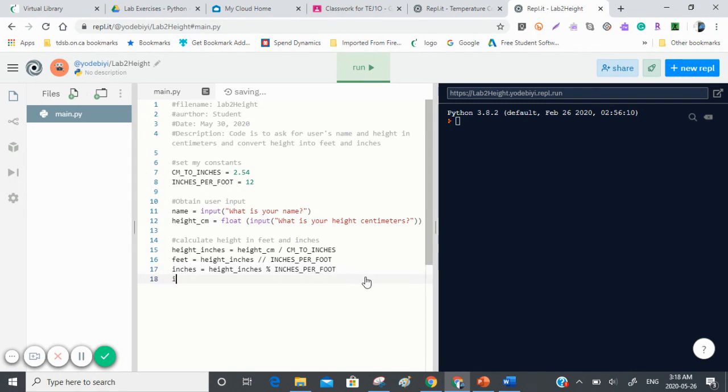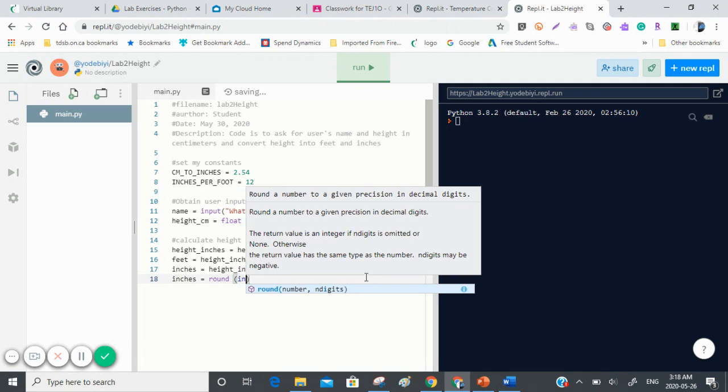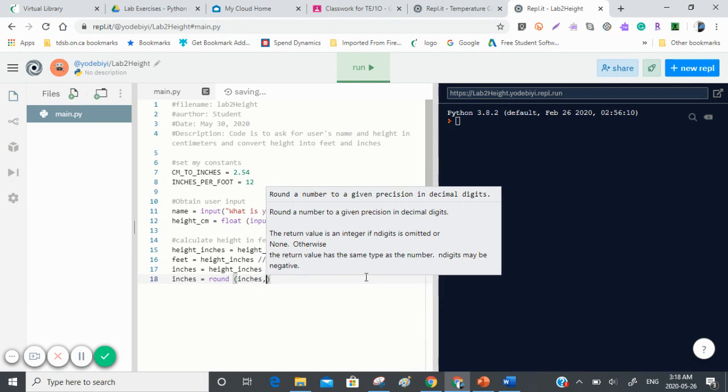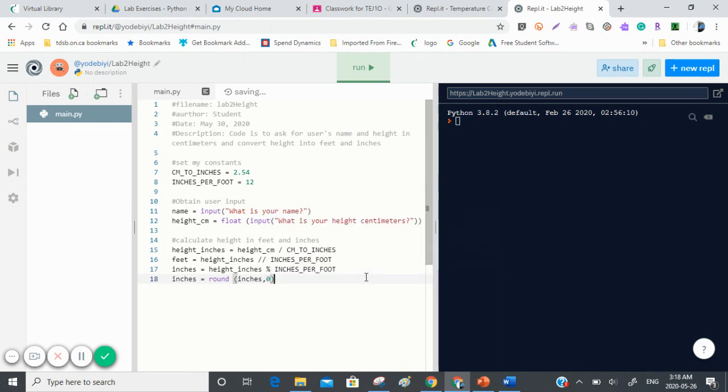Okay, so now I'm not done with the inches. I have to round. So what I'm going to do here is round my inch value to the nearest whole number, no decimal. So I give it 0 decimal places, as you can see there. Okay, get out of that.